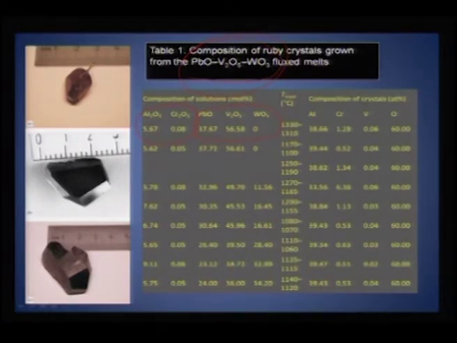ruby single crystals. And here you can see all these pictures of ruby crystal, although they do not look like pink color, the characteristic color, the surface is actually contaminated with the coating of the melt.